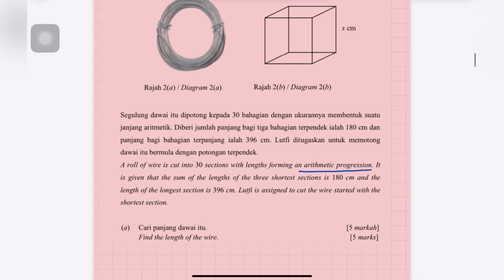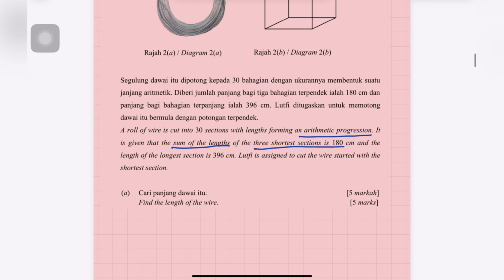Okay, apa dia yang dia bagi kat sini? The sum of the length of three shortest sections is 180. So the first one, kita carilah T1 plus T2 plus T3 equals to 180. Okay, T1 is A, T2 is A plus D, T3 is A plus 2D equals to 180.